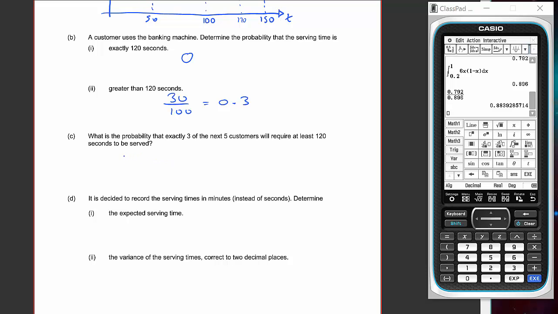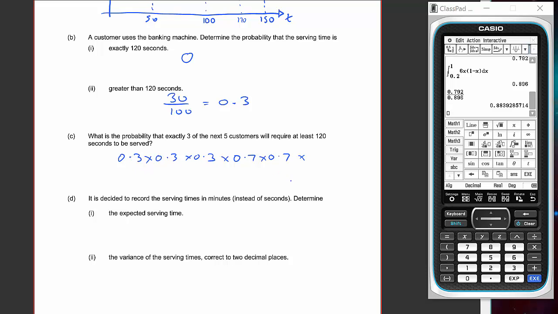So exactly 3, so that's going to be 0.3 times 0.3 times 0.3, but then the other two don't, so that's 0.7, 0.7. Then you just have to think about the fact that these 3 could actually occur anywhere.